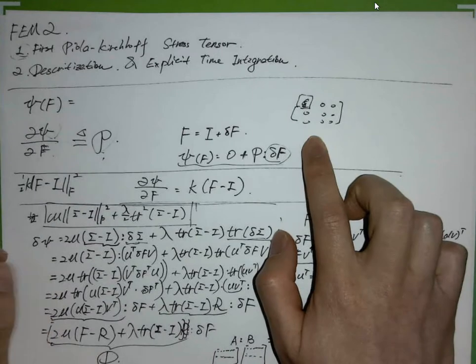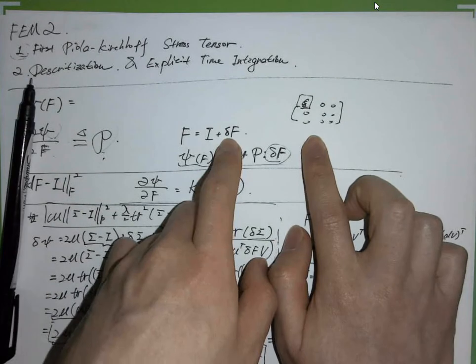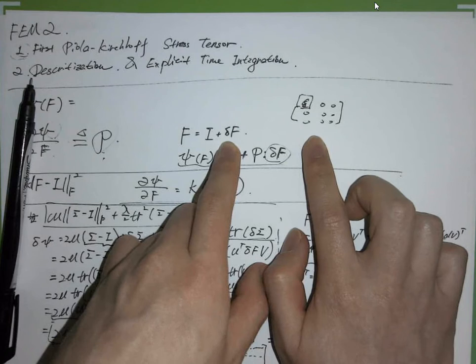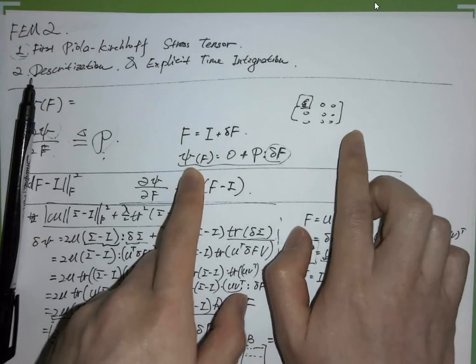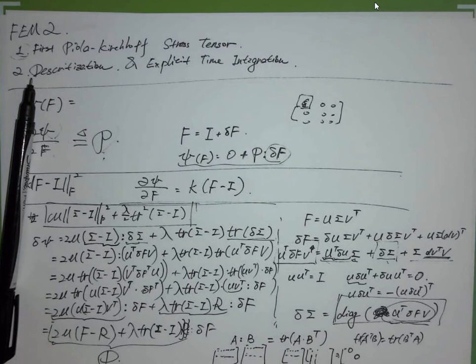If you see this example, if I move the F a little bit by this dF, the energy actually goes larger because it's the same direction, pushing it to the largest energy direction. Yes.